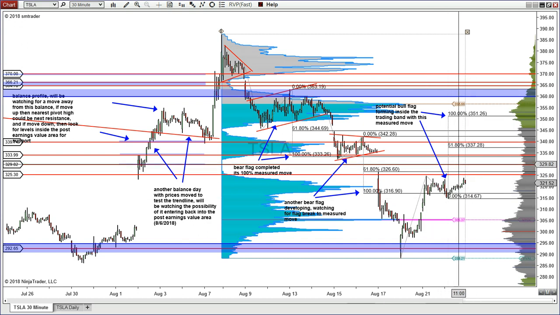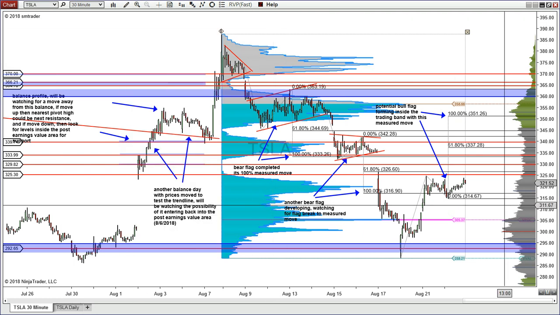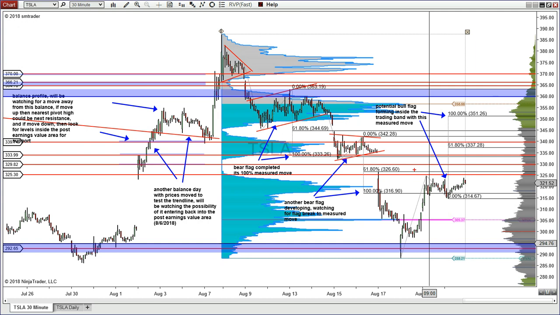Right, so that's the major move for this particular bull flag. So if this thing comes up, essentially you're looking for a major move up to this 351.26, somewhere around here, to this high volume area. Right, but again, when this thing breaks at this 618, it does have a high volume area in its proximity.